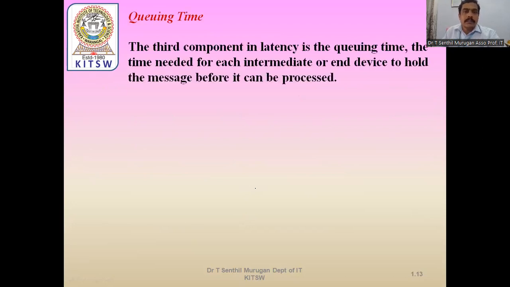The next one is queuing. So what is queuing time? For latency, we must calculate queuing time also. It is the time needed for each intermediate or end device to hold the message before it can be processed.